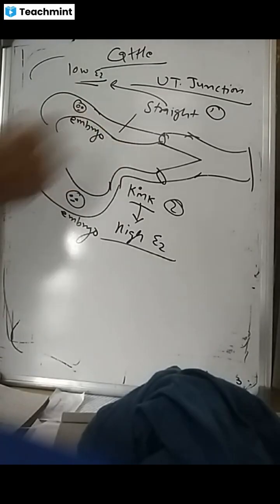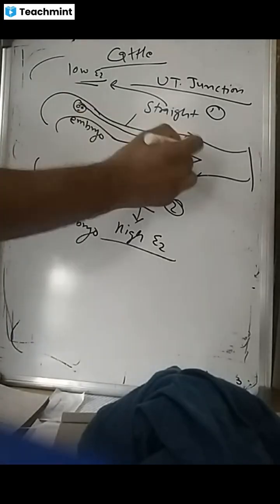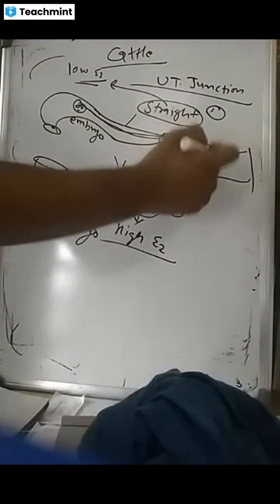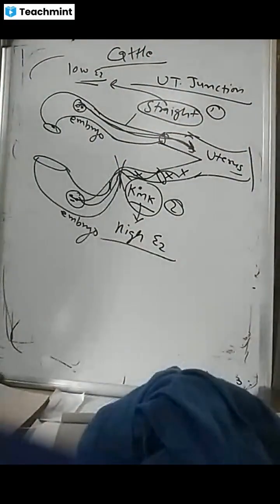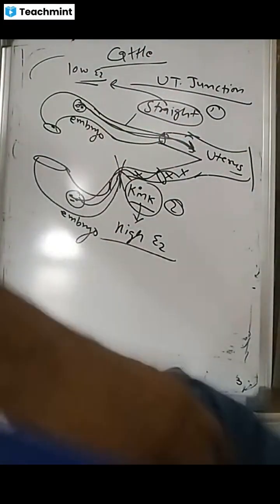The embryo can easily enter because of this kink. With high estradiol it is straight, and the embryo enters easily. So this was about the role of these junctions.